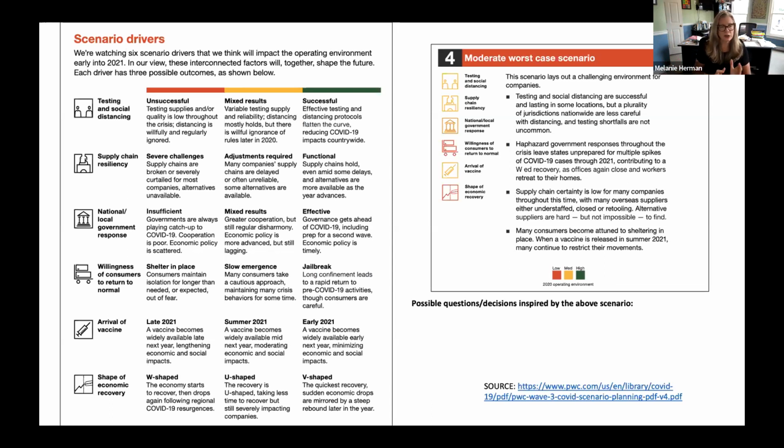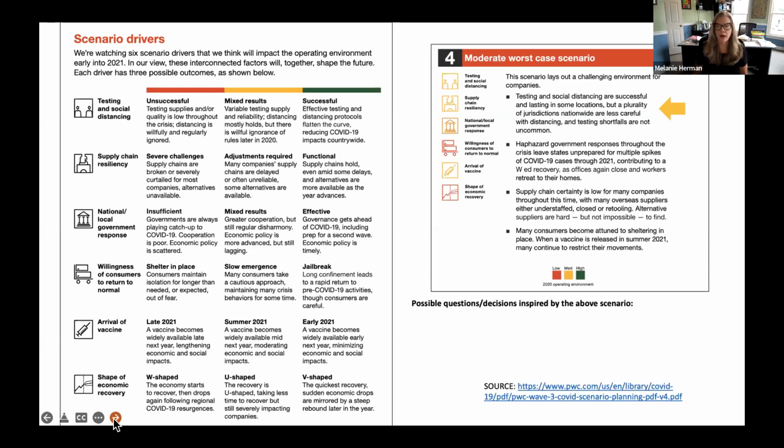Then they used red, yellow, and green to signify worst case, moderate case, and best case scenarios. On the right-hand side, they've taken a moderate worst case scenario, and as I draw some arrows and add some questions, these are the kinds of things we want to be thinking about: possible questions or decisions inspired by these scenarios.